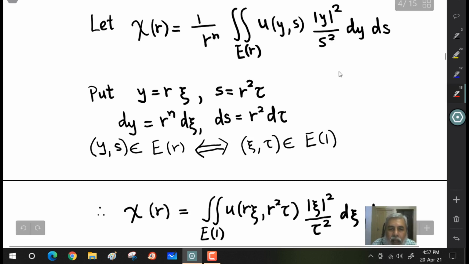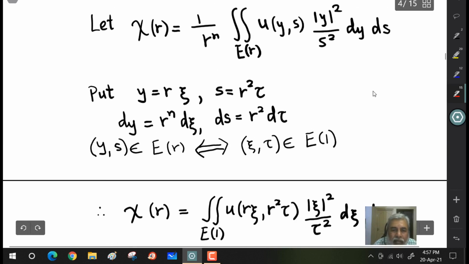To show that chi of r is a constant, we would like to take its derivative with respect to r, but that r occurs in the domain of the integral. That is very complicated, so we'll try to push this r into the integrand so that we can easily integrate.